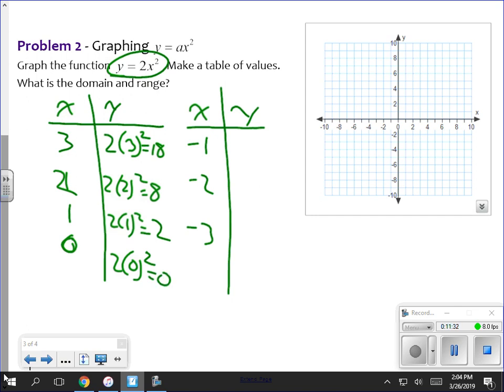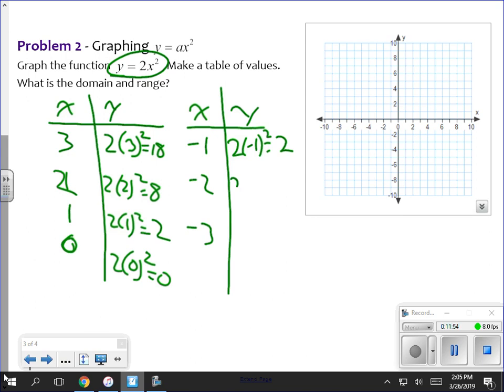0. Okay. Now, when we start putting in negatives, this is a really cool thing about parabolas. 2 times negative 1 squared. What is negative 1 squared? Positive 1. 1 times 2 gives me 2.